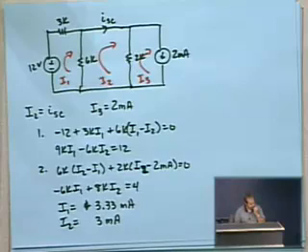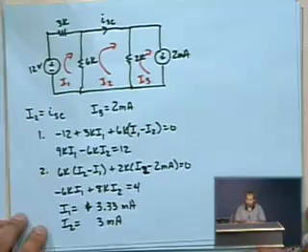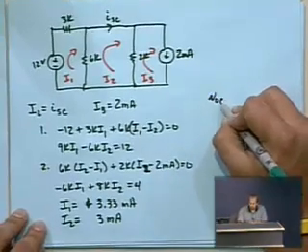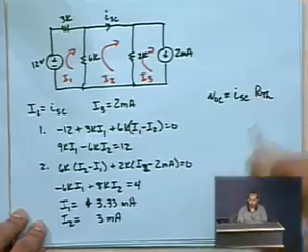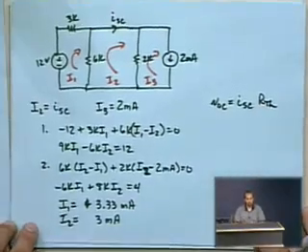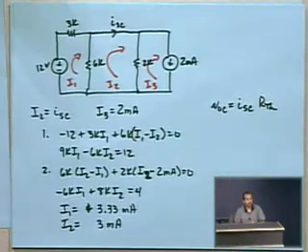Now, a good way to check that, and to develop some consistency between the work that we've done, is that our open circuit voltage should equal our short circuit current times our Thevenin resistance, right? If we've done this problem correctly, then the answers we've gotten should be internally consistent.